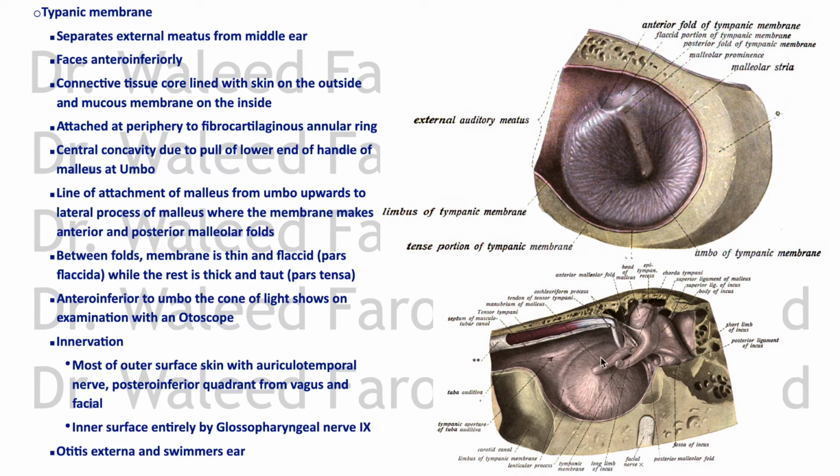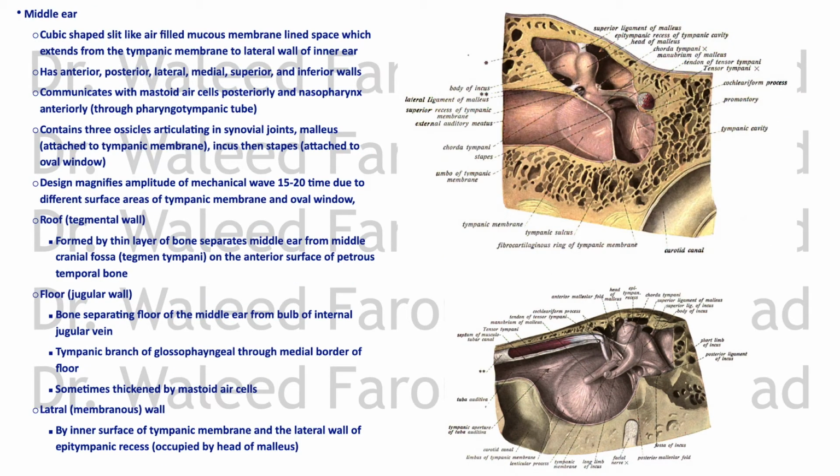From the inside it belongs to the middle ear, so it's supplied by the same structure that supplies the middle ear mucosa, the tympanic plexus, formed by the glossopharyngeal nerve. So from the inside, it's the glossopharyngeal nerve. From the outside, it's the auriculotemporal nerve, vagus, and facial nerves. This is regarding the tympanic membrane. It's all easy, with unique structures as well.